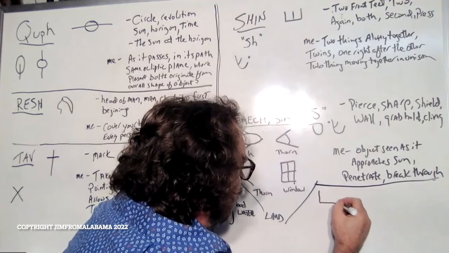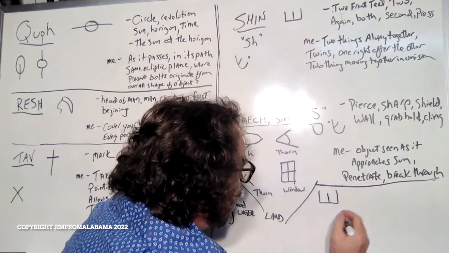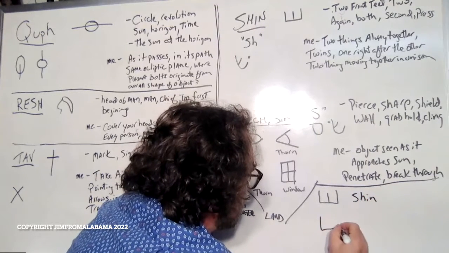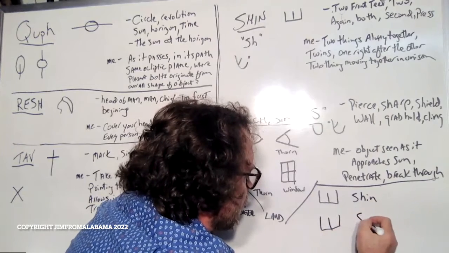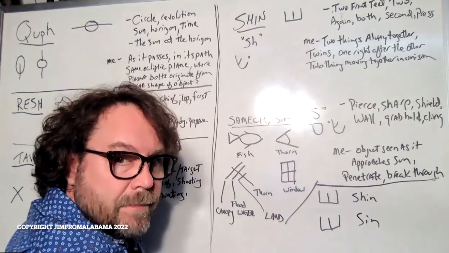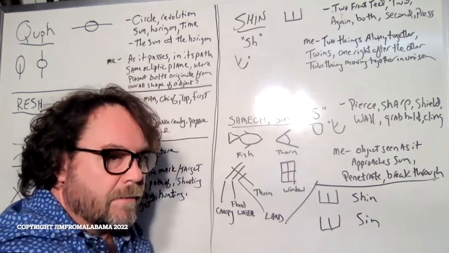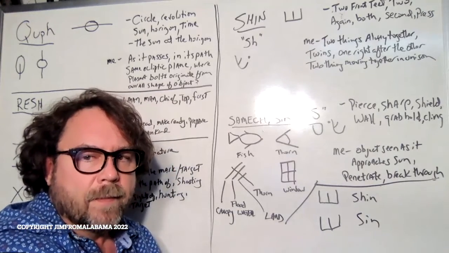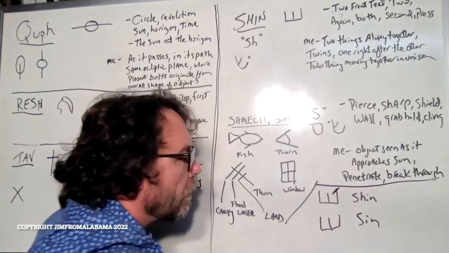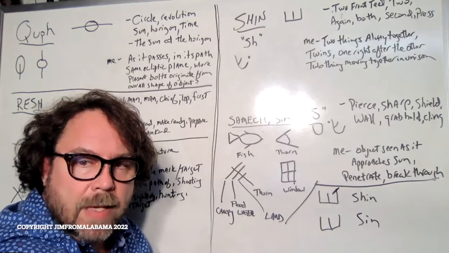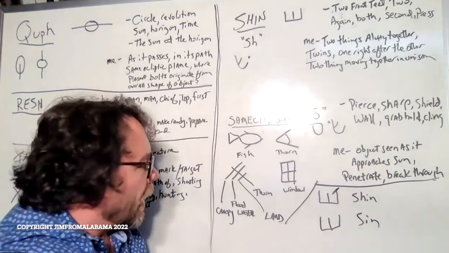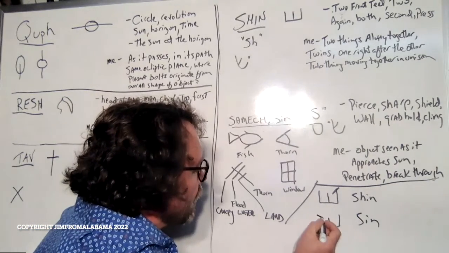If we have this and we call this Shin, and we have this and we call this Sin, what about if at some point in time they did this, like that, and that represented Shin, and for Sin, they did this?